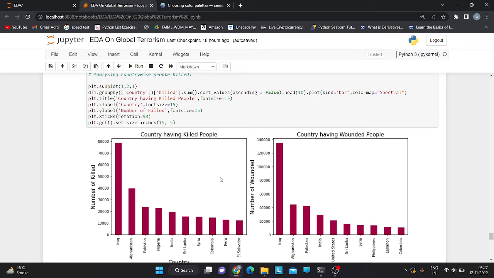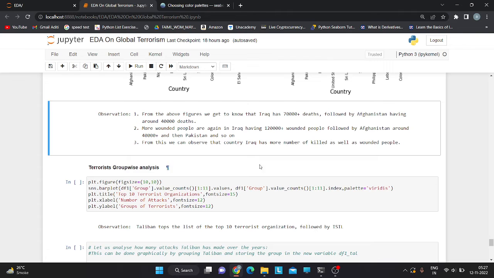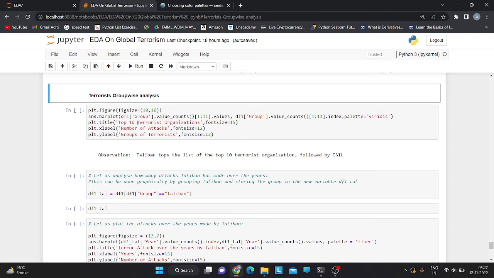The countries which are having killed people more are also having wounded people more. So whatever observations that we have done so far should be written point wise. Then we will see terrorist group wise analysis.